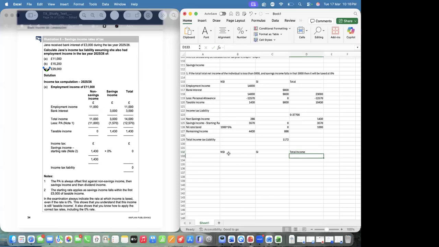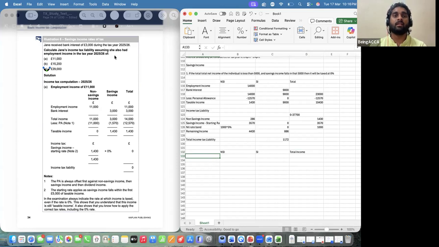Now, first, what does it say? Calculate Jane's income tax liability. Jane has received 3,000 interest during the year, and she also had employment income of 29,000. Let's calculate employment income.